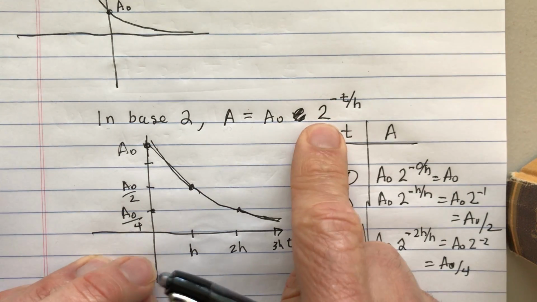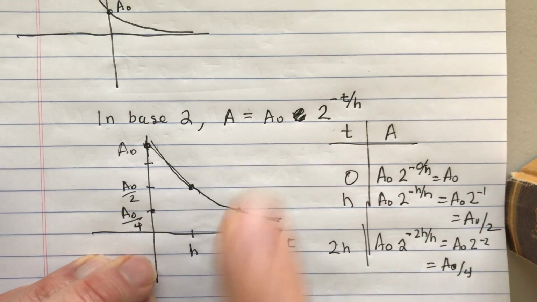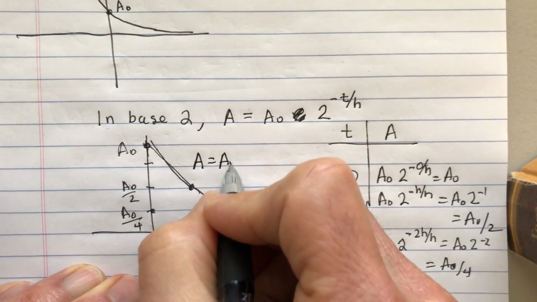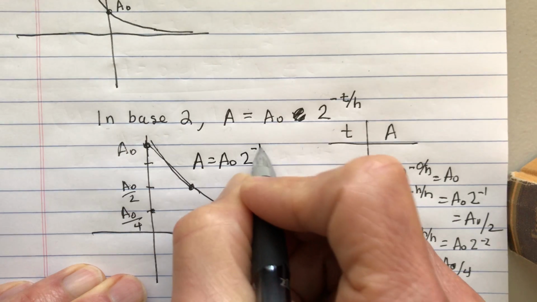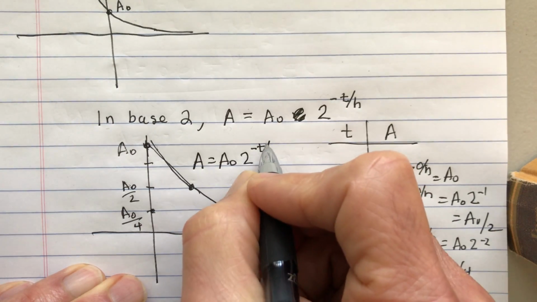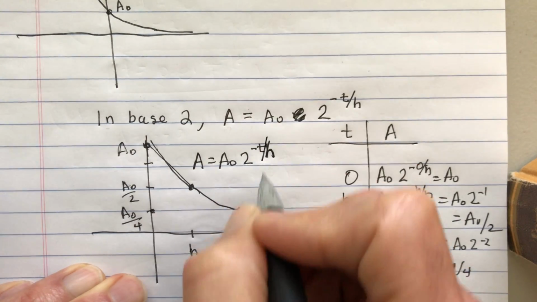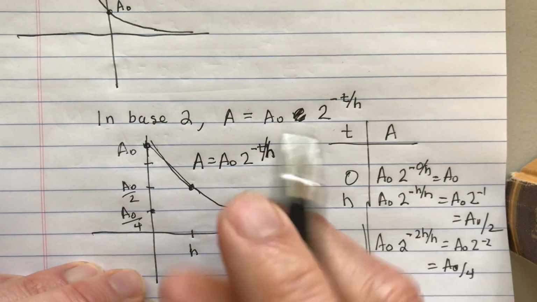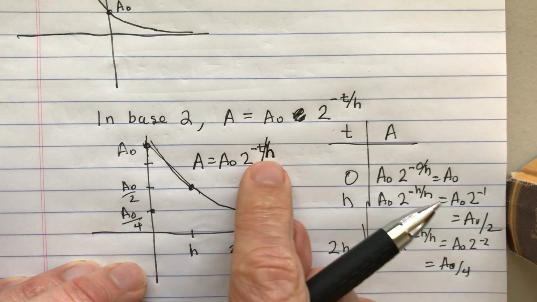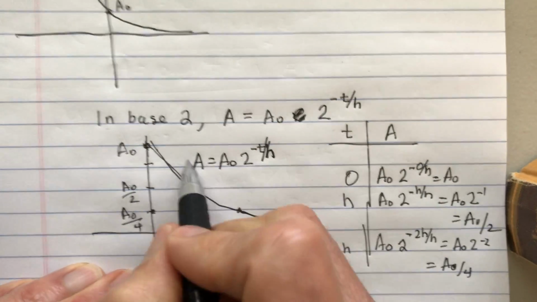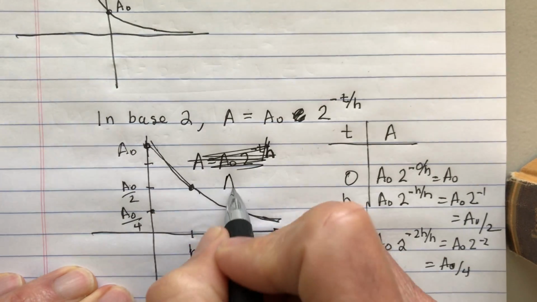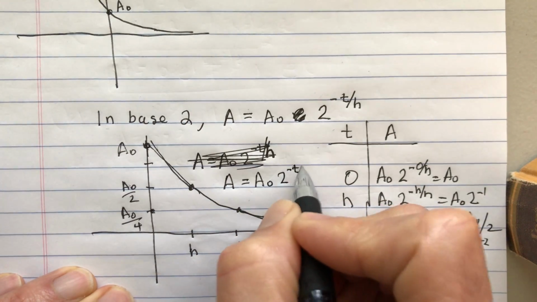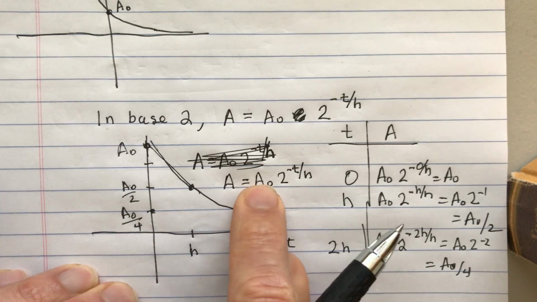When we go from this equation, let me write it again because it looks messy there. Oh, but I made it messy again. Okay, so anyway, when you use base 2, you have this equation here.